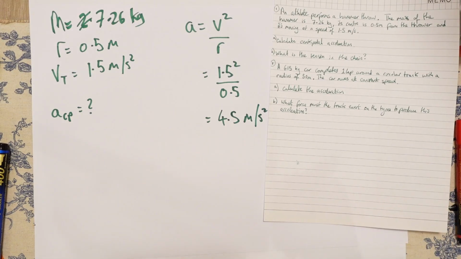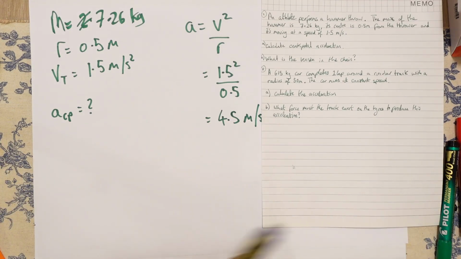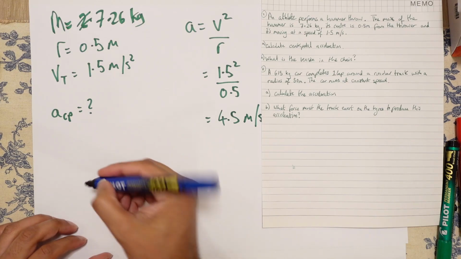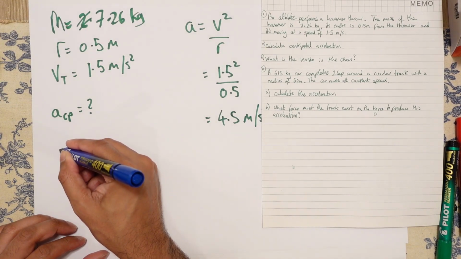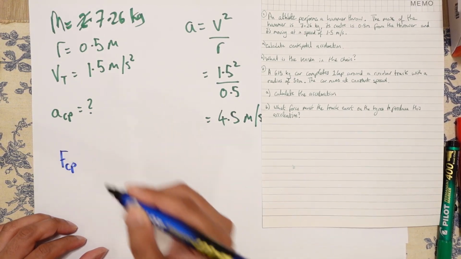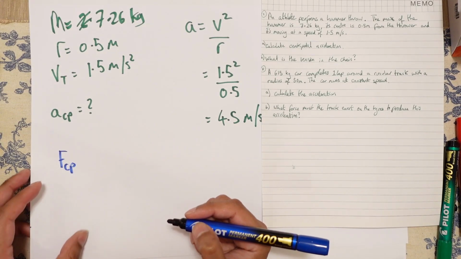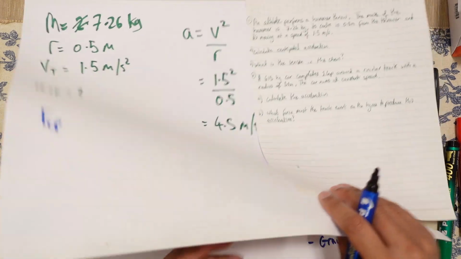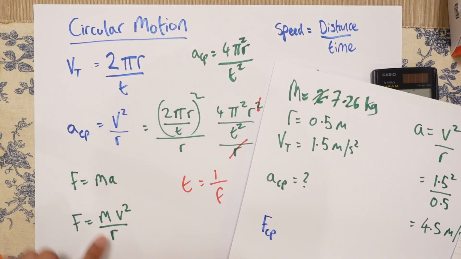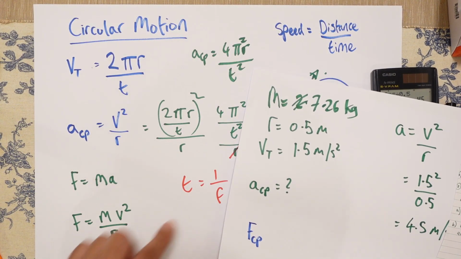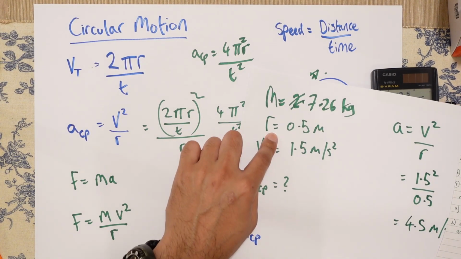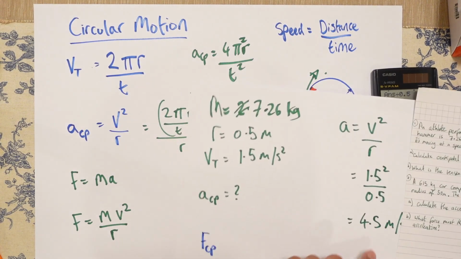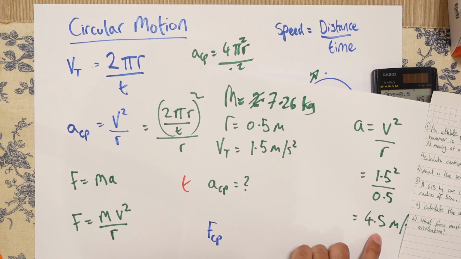Let's use a different colored pen. And that's what is the tension in the chain. Now the tension is the centripetal force, so F_CP, centripetal force. And if you have a look at our equations, there's two that we can use. We can use ma and mv squared over r. Now, clearly we've got m, v and r, so we've got mv squared over r, but I've already worked out the acceleration.